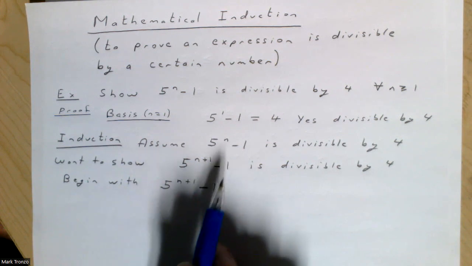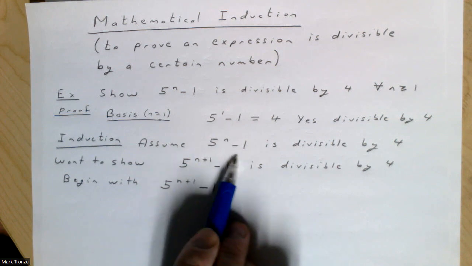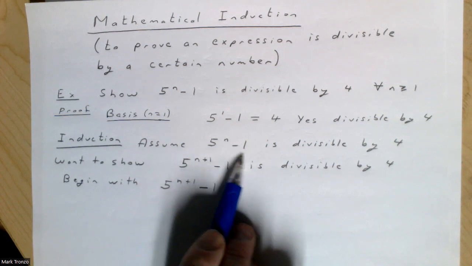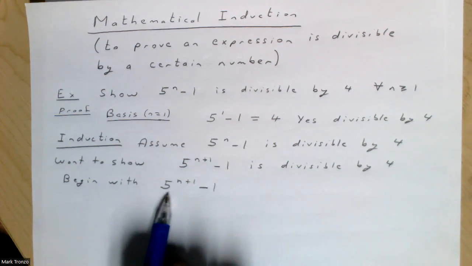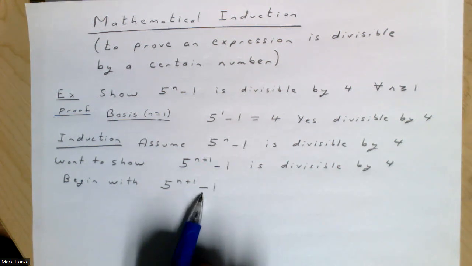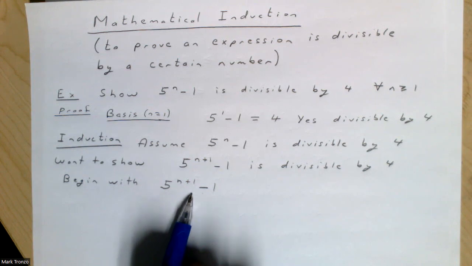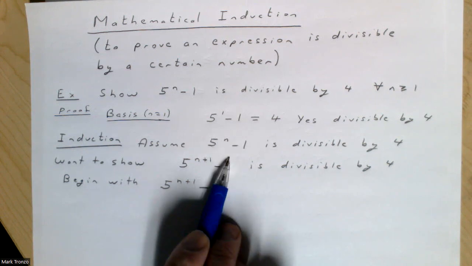And now at some point we're allowed to use what we have up here. So let's start with this. We want to show that this is divisible by 4. So let's think of what we have here. What we would like is to be able to use our assumption at some point.